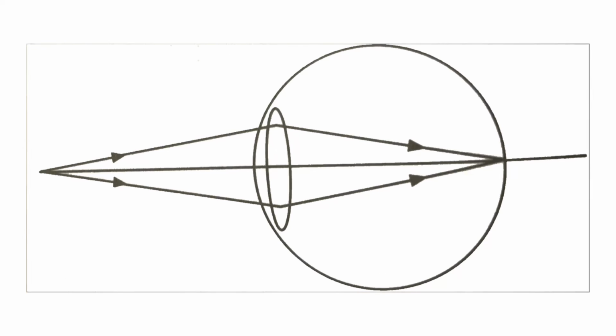Then you can see the ray diagram for the close object, meaning a nearby object. Here, the rays that reach from the close object can be considered diverging rays. These are the diverging rays.